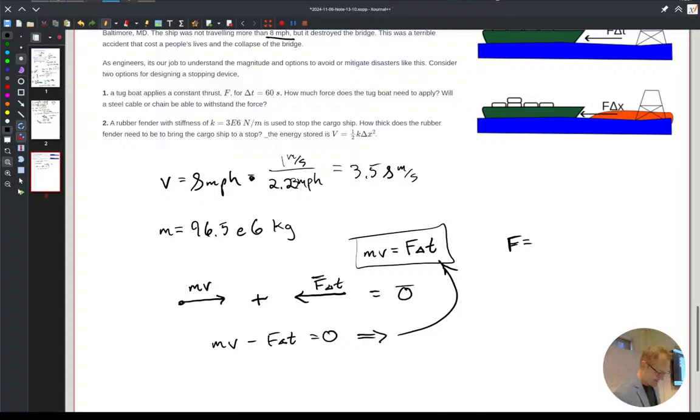It's a lot, because we have that 96 million up in the numerator. What units do you want the force in? I don't know. I'd put them in kilonewtons, but I'll probably put them in meganewtons. Probably meganewtons would work, because we have 95.6 E6 times, I'll call it 4, all over 60 seconds.